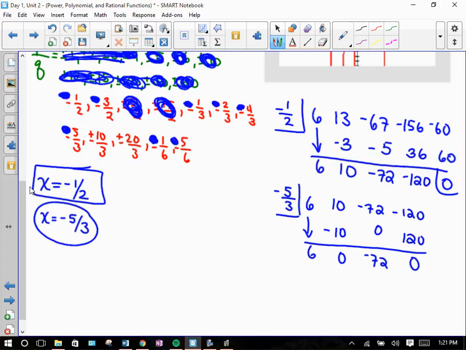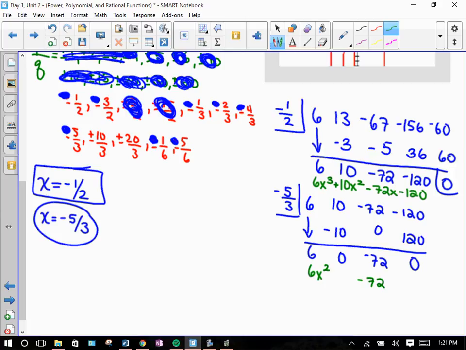So you have 6x to the third plus 10x squared minus 72x minus 120. Alright? Then down here, you have 6x squared plus 0x minus 72.